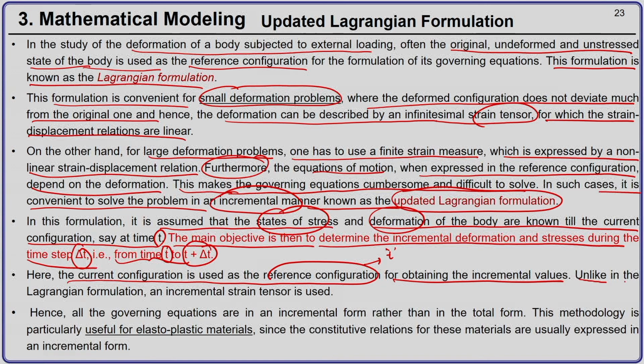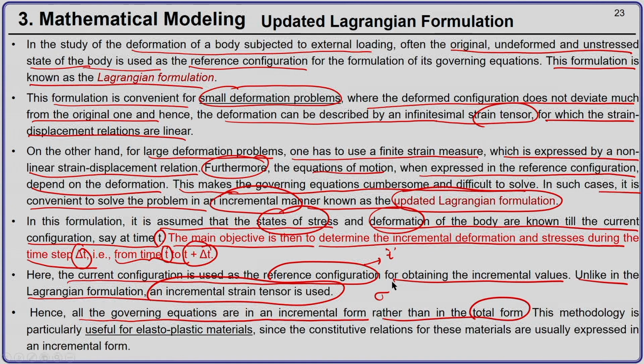So, unlike in the Lagrangian formulation, an incremental strain tensor will now be used. Hence all the governing equations are in an incremental form rather than in the total form, which means that rather than writing sigma, we will write delta sigma, where delta represents the increment in the stress. All such quantities in the governing equation will be written in this kind of incremental form.